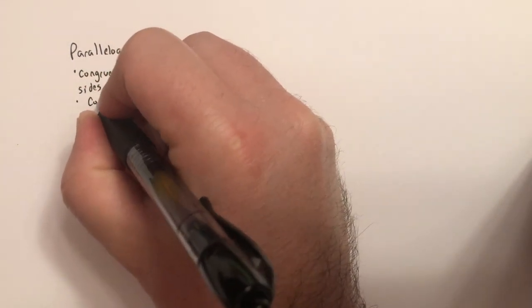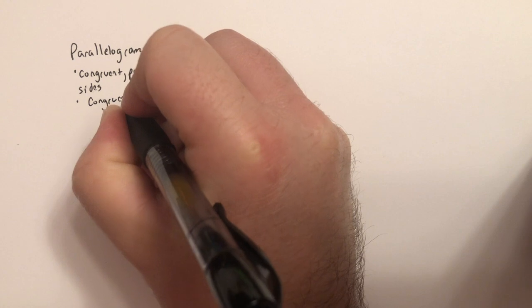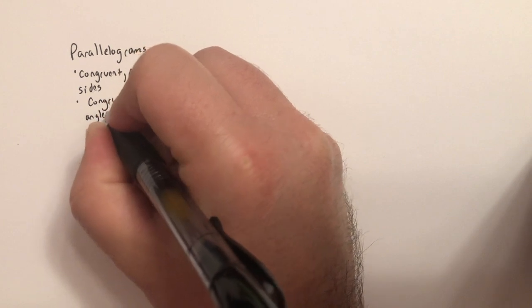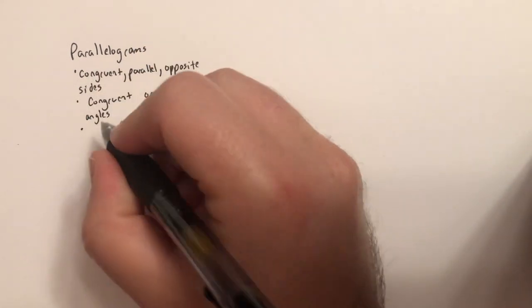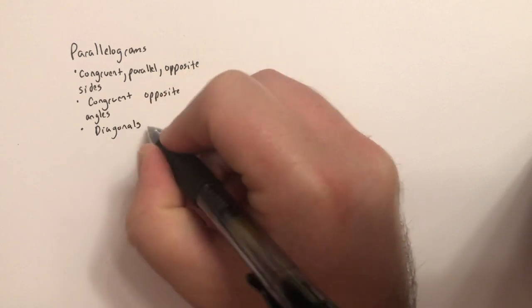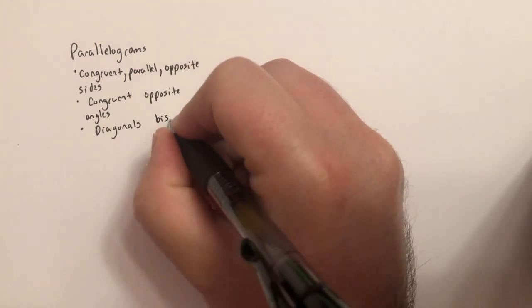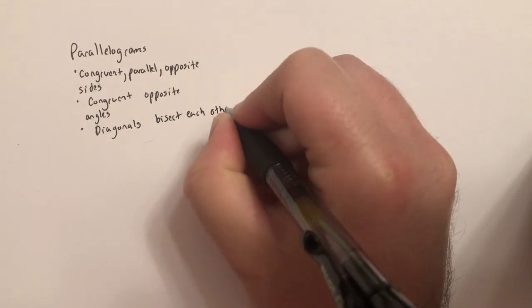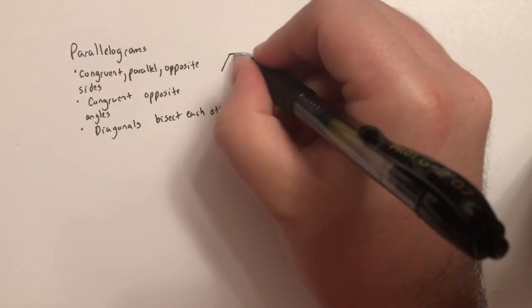They have congruent opposite angles. And diagonals bisect each other. They look kind of like this.